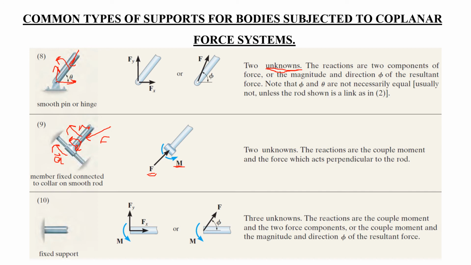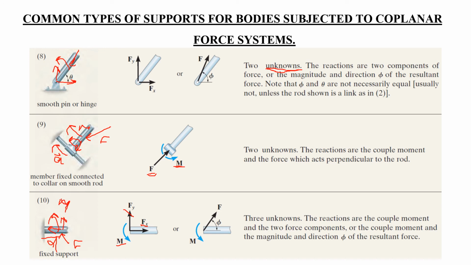One of the last examples is a fixed support. Fixed support means that you can neither move it here or there, nor can you rotate this beam. So whatever you try and do, this beam will resist. For example, if we talk about a force like this, this force has a component in this direction, and because of this distance, it has a moment.